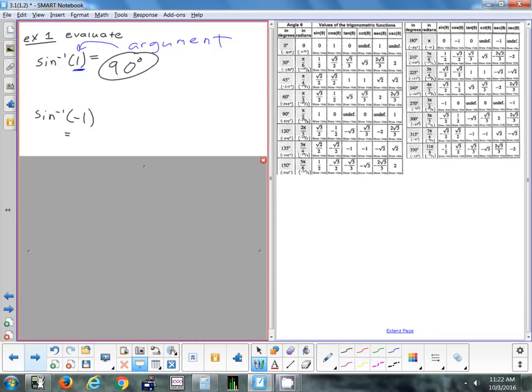And just be careful about how you say the answer, because it's got to be between negative 90 and positive 90. 170 degrees. Where do you see it, John? 270. Okay, I agree. It is in the row for 270, but can I write 270 as my answer? No, what's 270 the same as? Negative 90. Negative 90. And that's what we have to write.